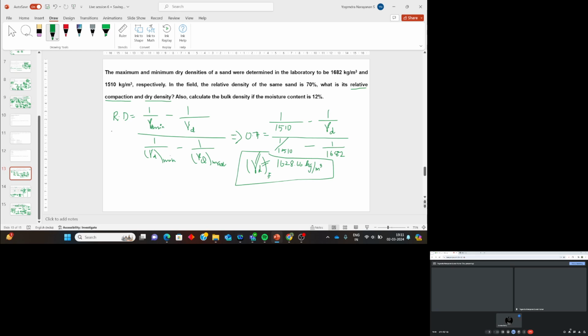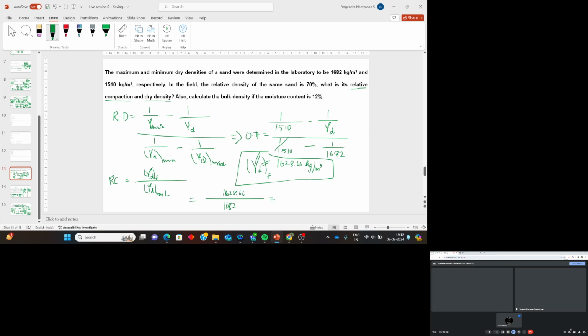Now what is known as relative compaction? This is gamma d in field over gamma d max in laboratory. What is gamma d max in laboratory? 1682. In field it is 1628.